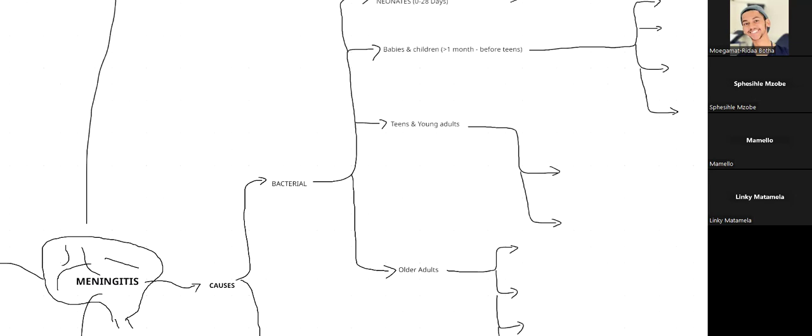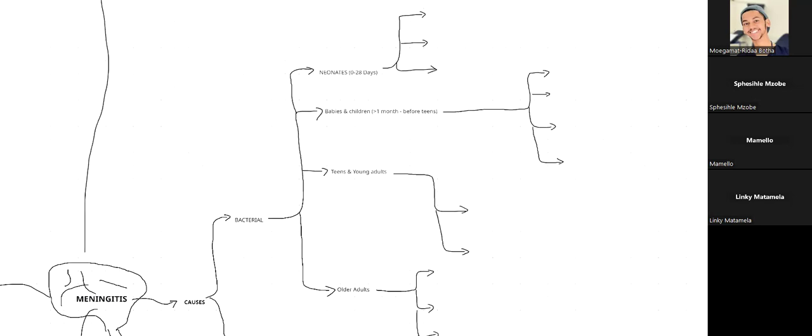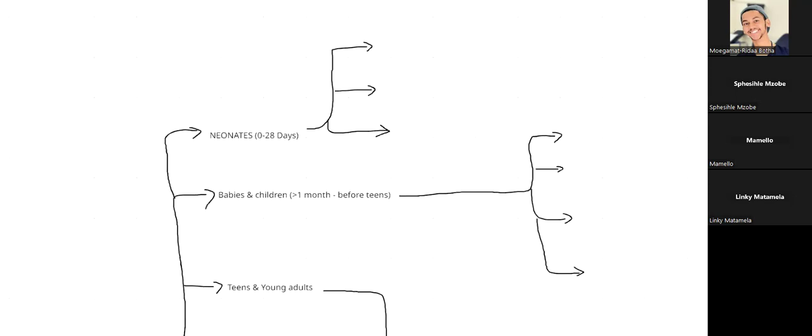Now, you need to understand that the approach to the bacterial causes is dividing it into the different age groups. So we start with the neonates, essentially from 0 to 28 days old.